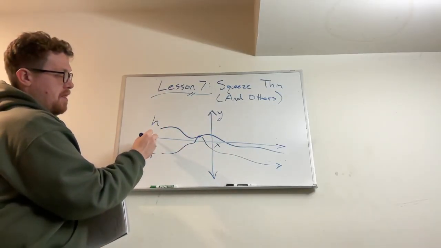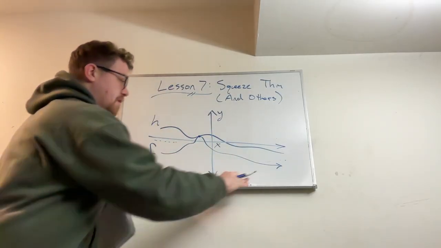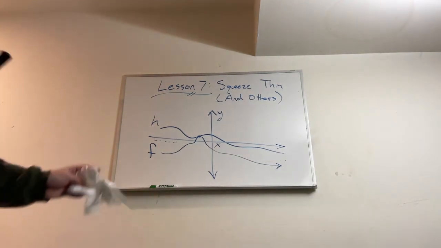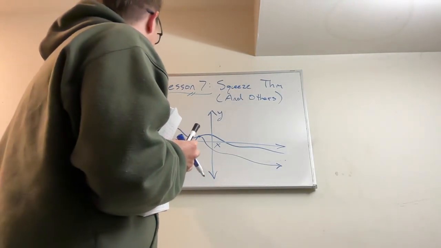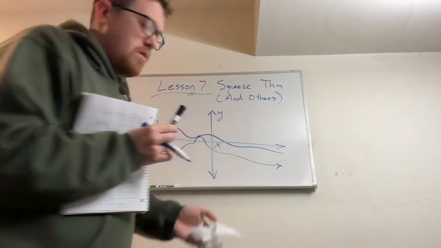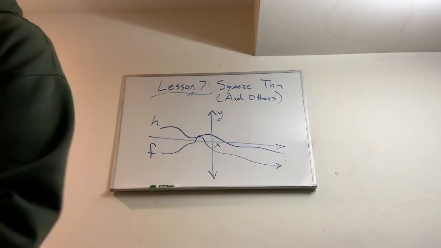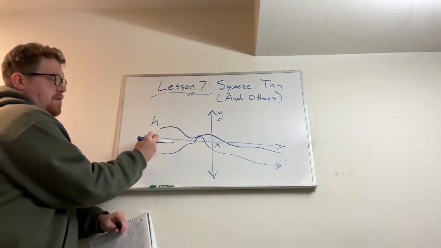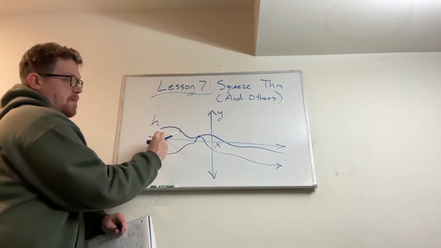So I'll write it with a different color. You have your blue functions here, and there's some black function in the middle that's wedged between them.